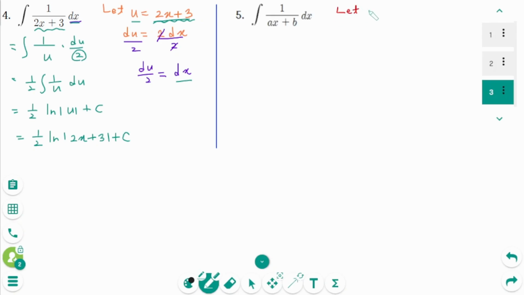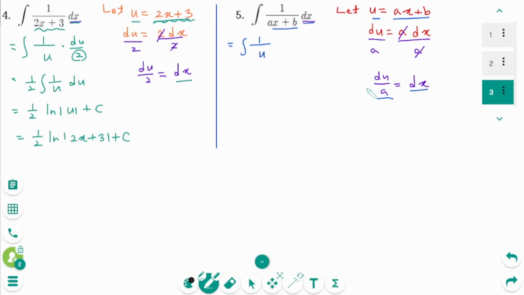Let u equal ax plus b. Differentiate on each side: du equals a dx. There is only dx, then divide by a on each side: du over a equals dx. Let's change all x into u. The integral of 1 over ax plus b is 1 over u, and dx equals du over a.